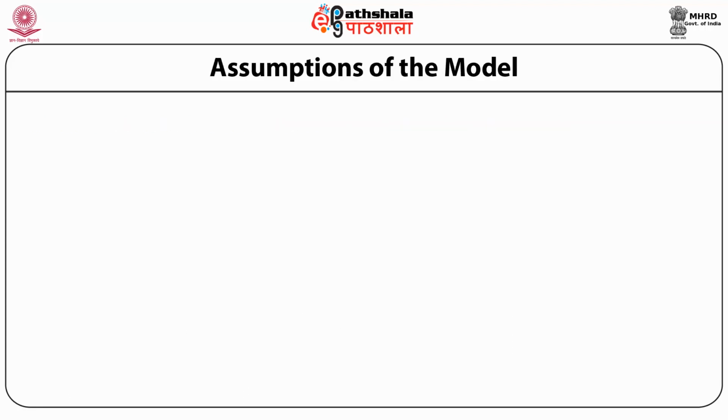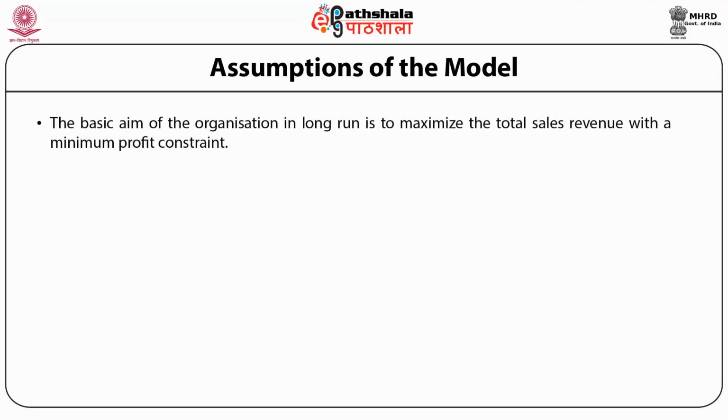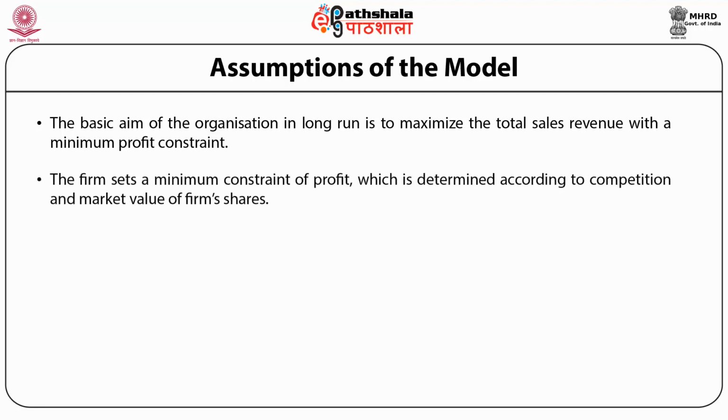Assumptions of Baumol's model. Baumol has based his model on the following assumptions. The basic aim of the organization in the long run is to maximize the total sales revenue with a minimum profit constraint. The firm sets a minimum constraint of profit which is determined according to competition and the market value of the firm's shares.